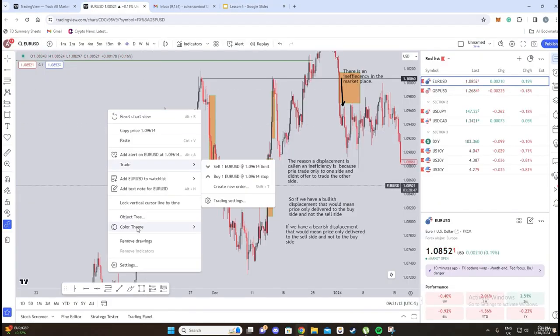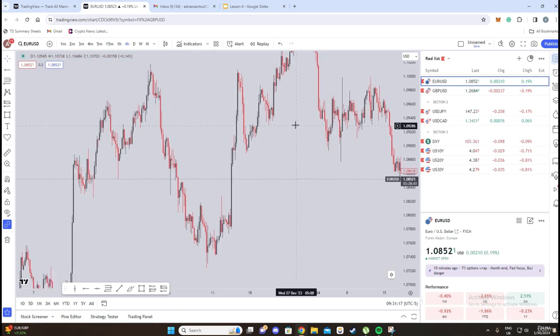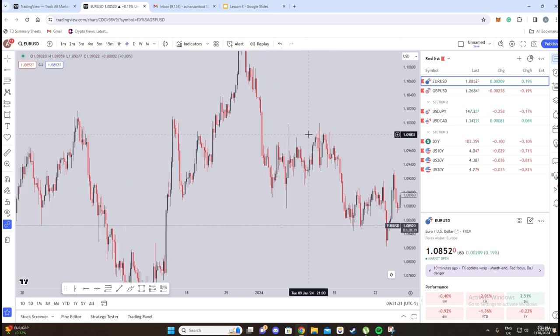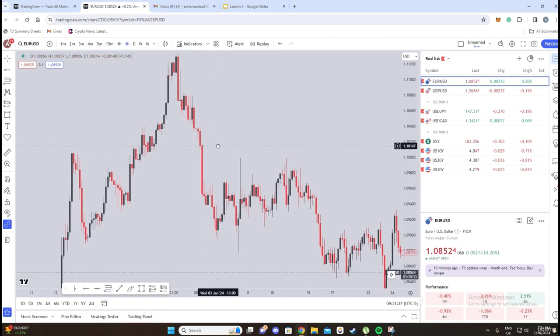So let me find you the gaps. Okay. Look, right here is a gap, for example. And you usually find gaps in displacement. Not necessarily, but a lot of times there'll be a gap in a displacement. So let me just mark it out for you real quick.